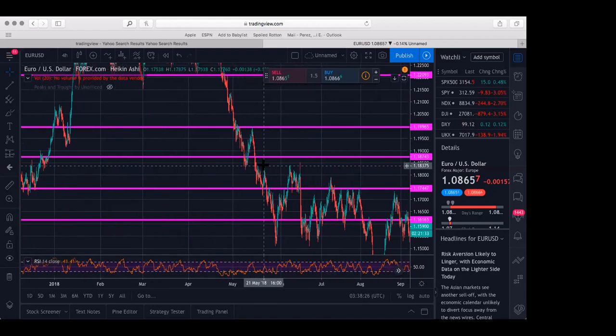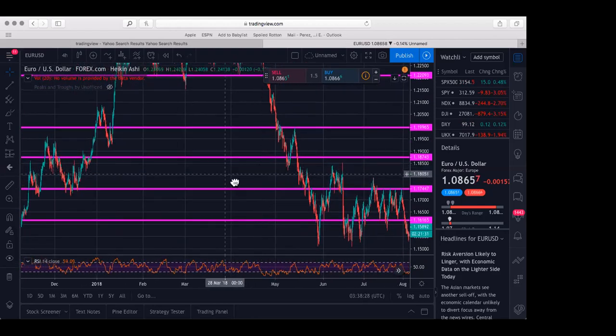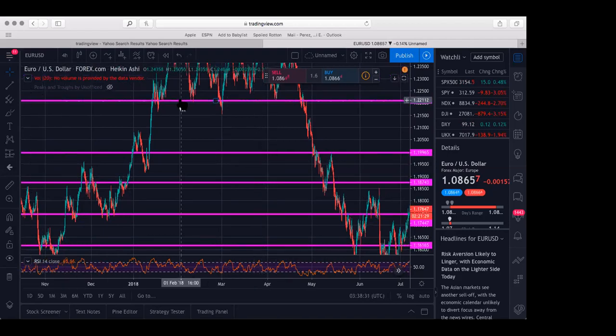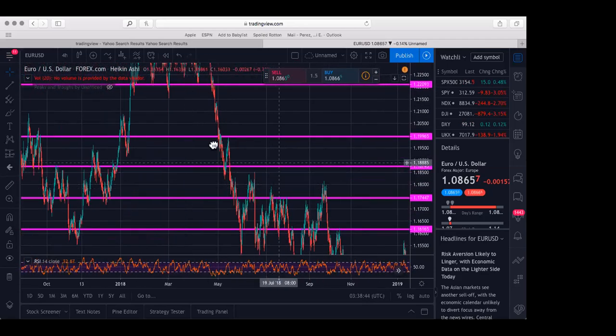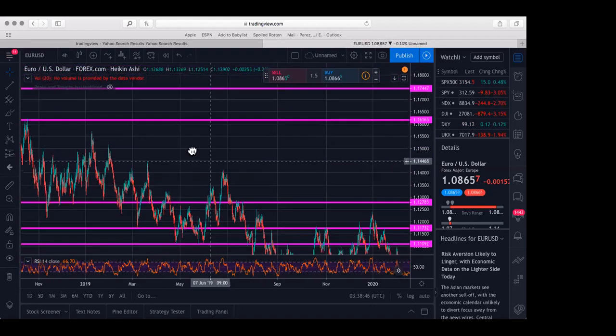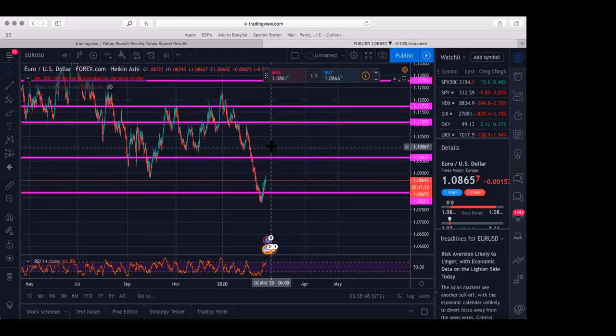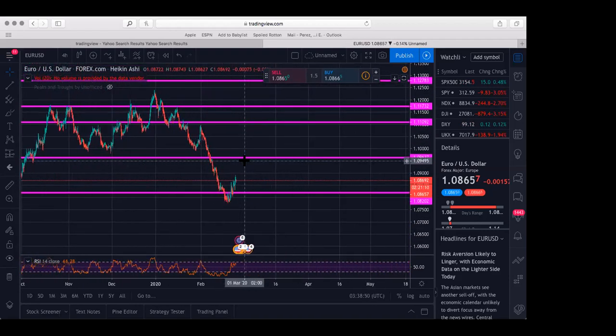So it can give you confirmation on whether it's still in an uptrend or a downtrend, because it's going down and coming back and testing this, going down, coming back and testing it. So literally just go through and mark up lines where you see price rejecting.